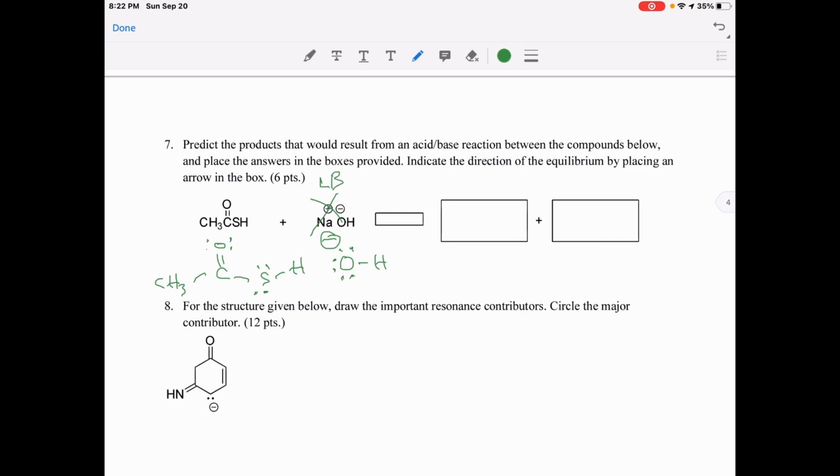And in order for this reaction to occur, this would also have to be treated as the Lewis acid. So when we actually conduct this reaction, we know that for Lewis bases, the electrons in the Lewis base will transfer over to the Lewis acid in order to obtain a proton. So that is exactly how we will draw it. When the hydroxide forms a bond with that hydrogen, you also break a bond, the sulfur-hydrogen bond.